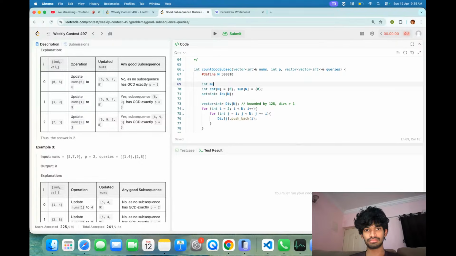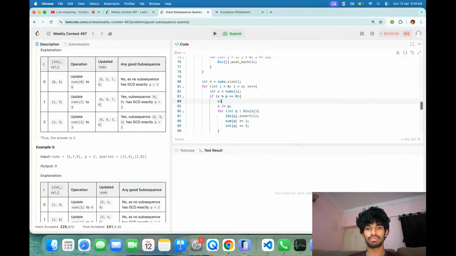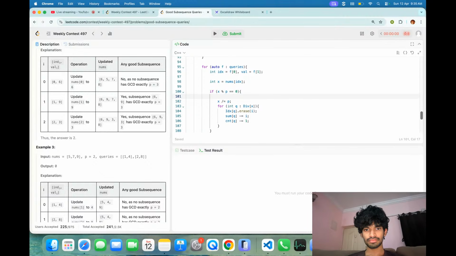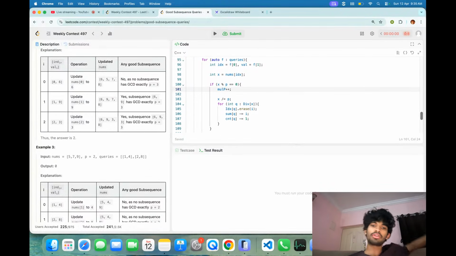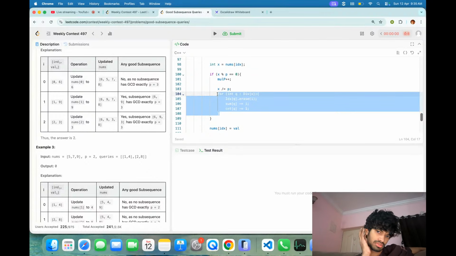Maintain mul p equals to 0. If it is a multiple of p, we'll do mul p plus plus. But the problem was I cannot find maximum after changing a value. But you can find maximum if you keep those things in a set again.